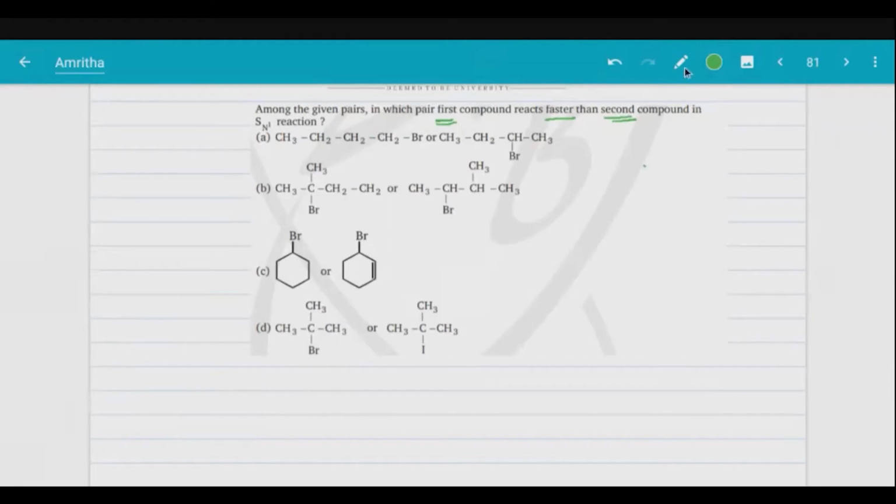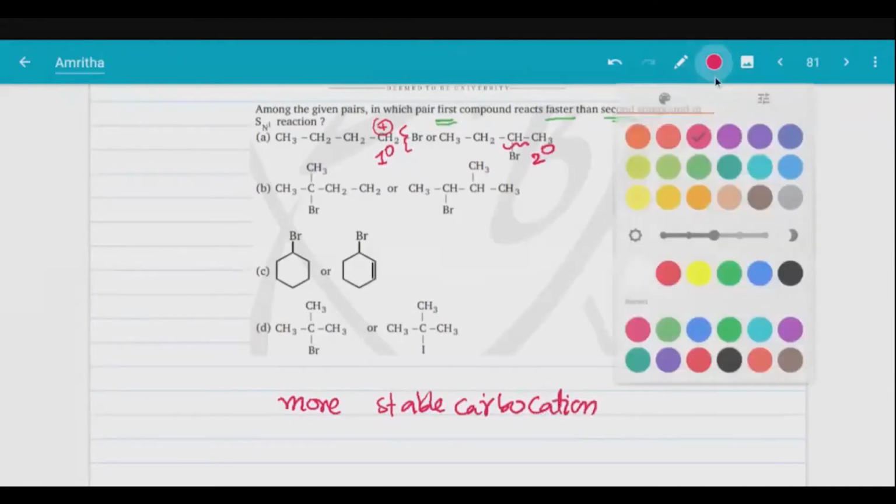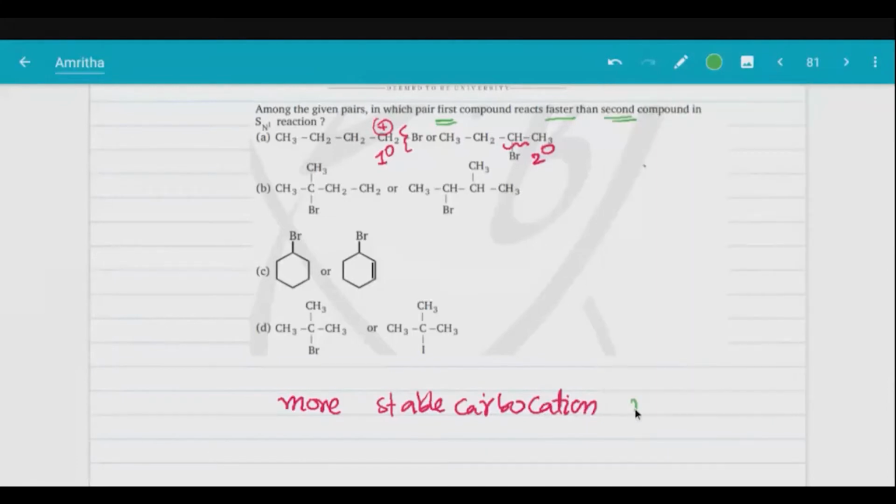You have to make sure you are breaking the carbon halogen bond. Okay. So this will give primary carbocation here. But here it is secondary. More stable carbocation, more reactive it is. If carbocation is intermediate, right? So if it is more stable, so more reactive.